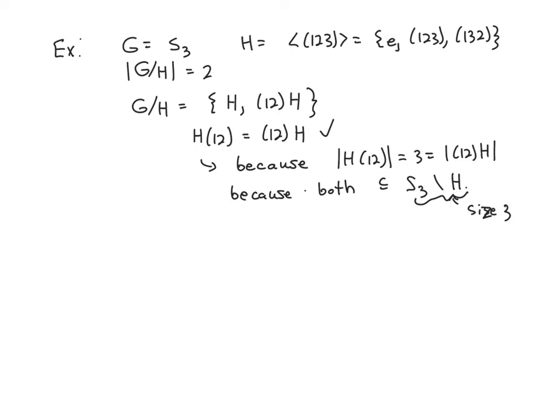This turns out to be a little easy to show because both these cosets have the same size, and both of them have to be contained in the symmetric group. Take away this subgroup, which has size 3, and so in fact both these cosets are equal to S3 take away H, which means they're equal to each other. So that one's trivial.